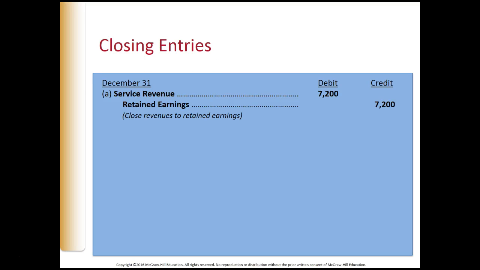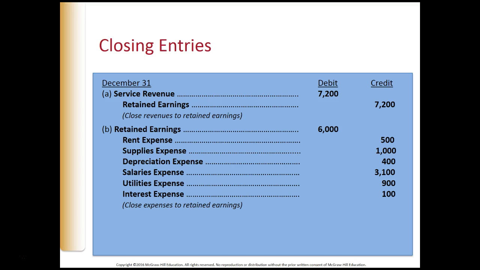So we can transfer the balances of all revenue, expense, and dividend accounts to the balance of the retained earnings account with the closing entries shown in this illustration. Now, these closing entries have the effect of transferring the balances of all revenue, expense, and dividends to the balance of retained earnings.